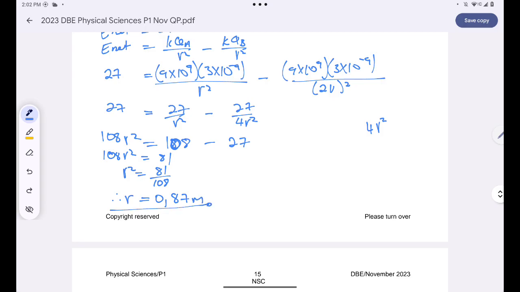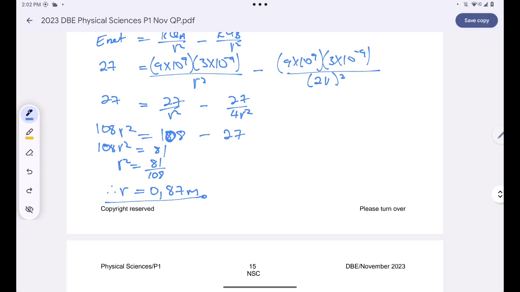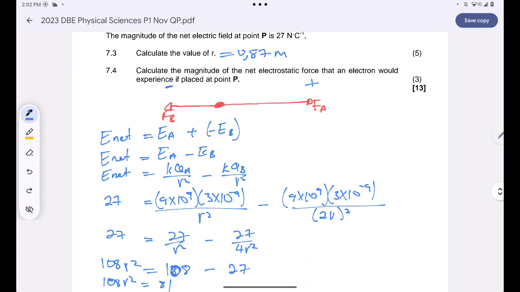So r is simply 0.87 meters. And then now we are supposed to calculate the magnitude of the net electrostatic force that an electron would experience if placed at point P.